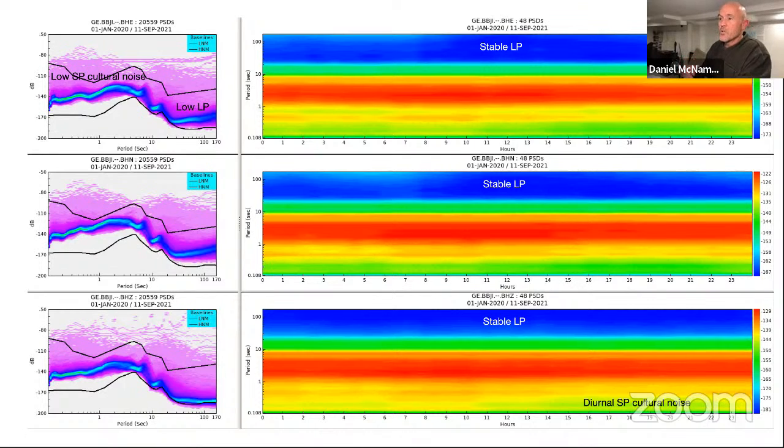So I'm guessing here that this site, as opposed to the other one, is probably sitting on bedrock, or it's in a deeper hole and isolated from the soils, and maybe better insulated so that it's not experiencing thermal variations.